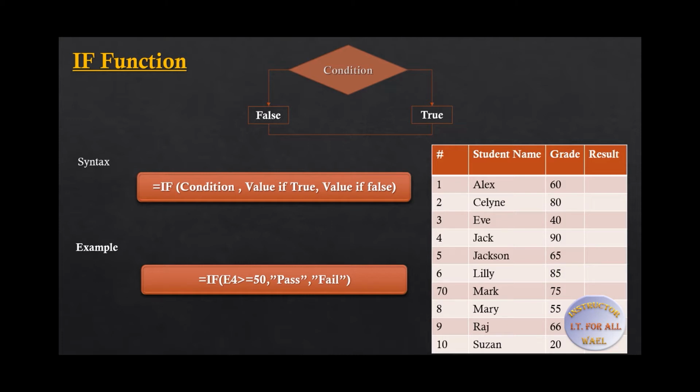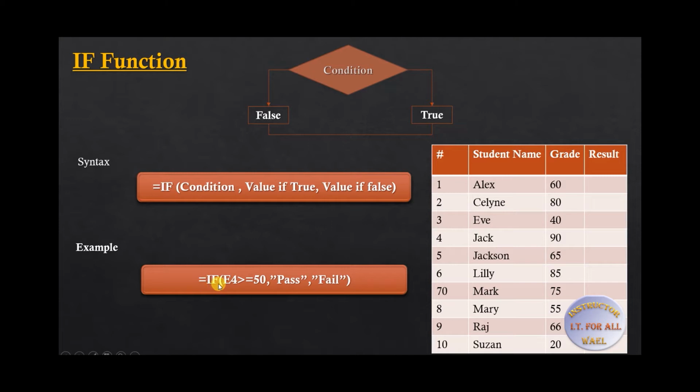So here we have a condition. If the student grade is greater than or equal to 50, the student passes. Otherwise, the student fails. So the example is here: equal, which is the standard rule before any formula.